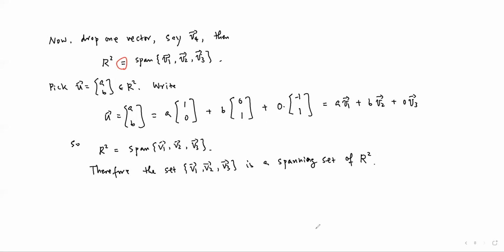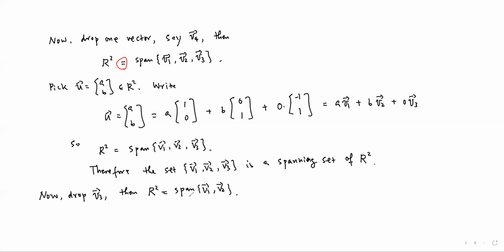Now, let me drop V3 from the spanning set. Then it can be seen that R2 is still spanned by V1 and V2.